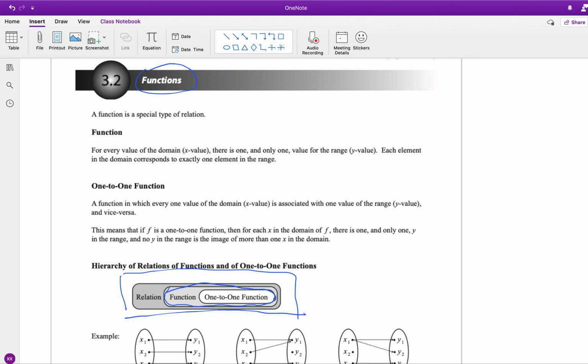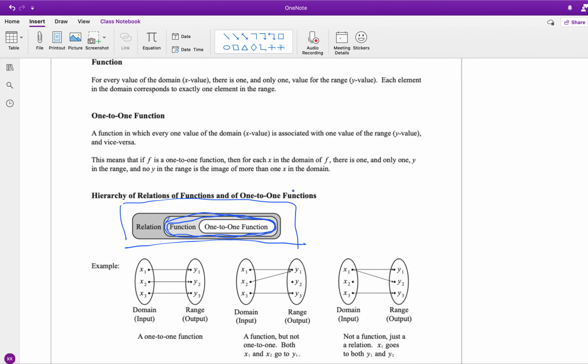Now, within the functions, we have an even smaller set that is called one-to-one function. So although every single relation in this set is a function, they're not necessarily a one-to-one function. Let's take a look at the definition of a function and the definition of a one-to-one function.